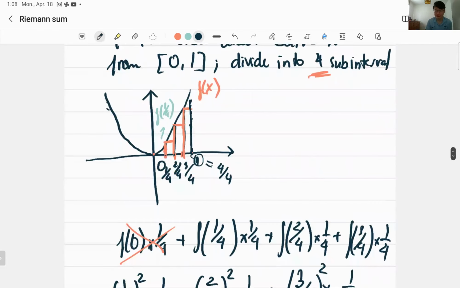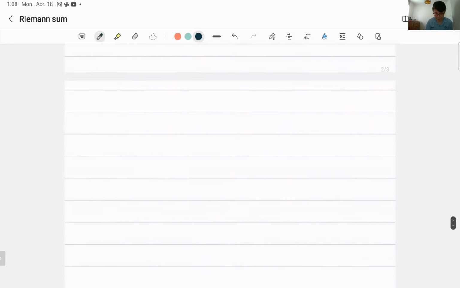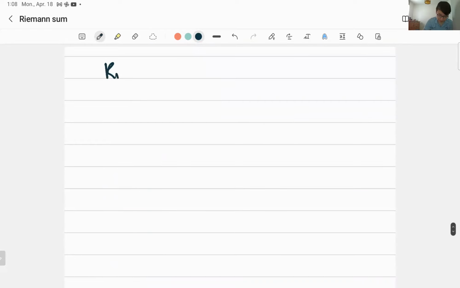And if we want to do the right side Riemann sum, we do much the same, right? So we're doing the right side Riemann sum for the above problem.